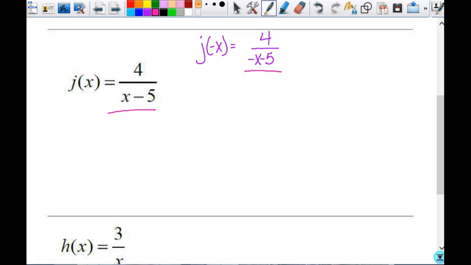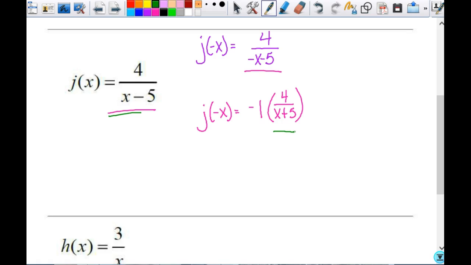So since they're not the same, I know it's not even, but now I've got to factor out my negative 1. So j of negative x equals negative 1 times, and then I could change the numerator, but I've got some signs going on down here, so we'll leave the numerator as 4. When I factor out the negative 1, this gives me x plus 5. So now I look at j of x, and negative j of x, and that's not negative j of x.